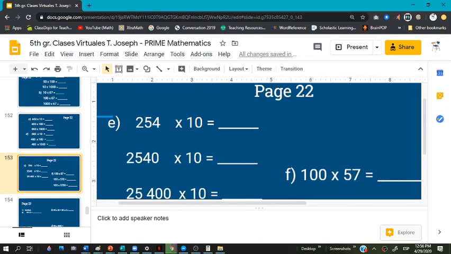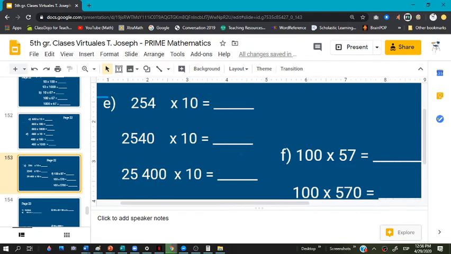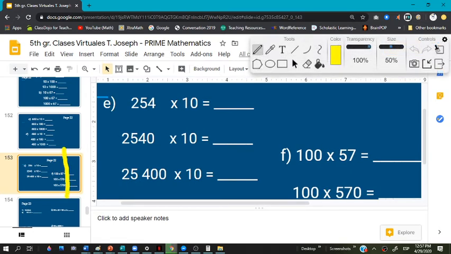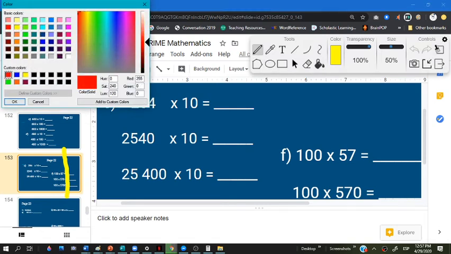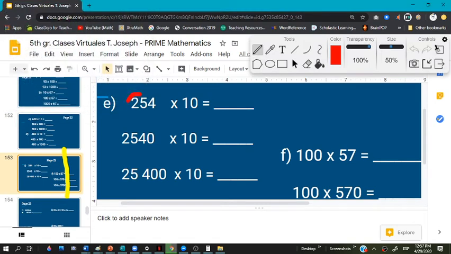Let's do letter E: 254 times 10. You should be getting the hang of this by now. You just put your base number in your problem. 254 is our base number, and we add our 0. 2,540 is our answer.